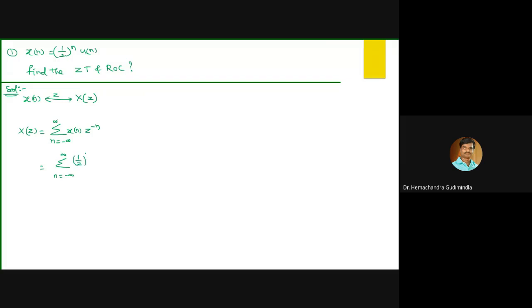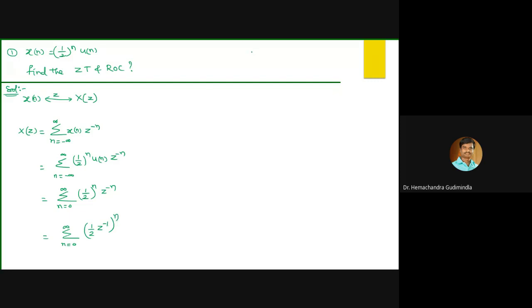It is 1 by 2 whole power n into u of n, times z power minus n. Whenever you have u of n, your limit becomes summation n equal to 0 to infinity of 1 by 2 whole power n into z power minus n, which is summation n equal to 0 to infinity of 1 by 2 into z power minus 1, whole power n.